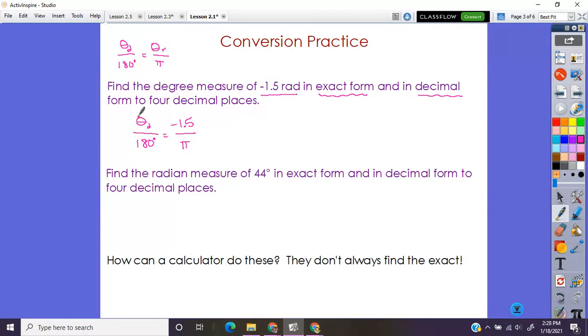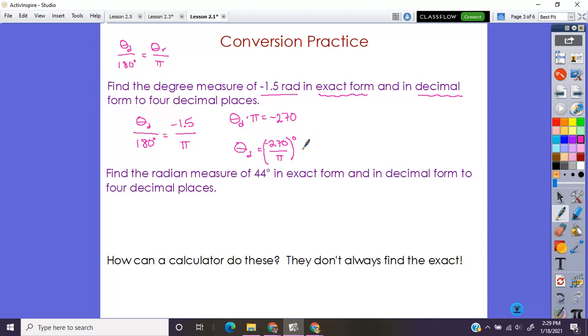I'm going to cross multiply, so I'm going to have theta degrees times pi equals negative 270. Then I would divide by pi. So theta in degrees equals negative 270 divided by pi. This right here is my exact degree form.